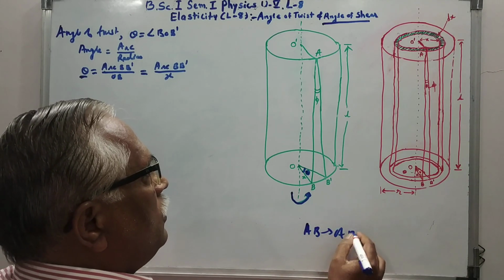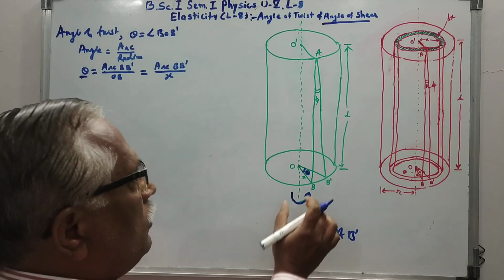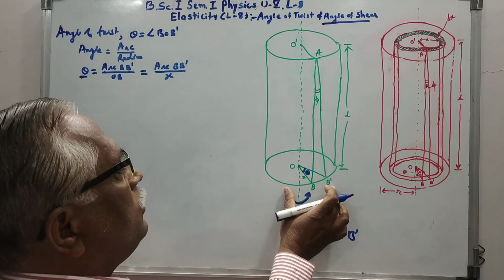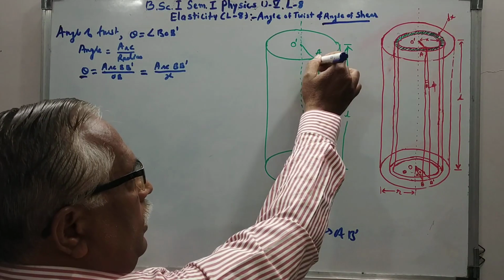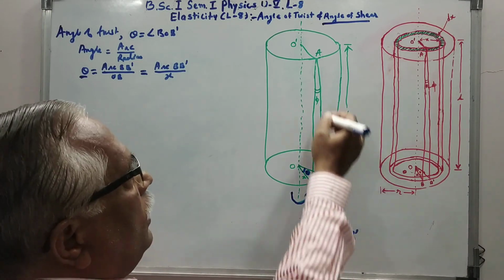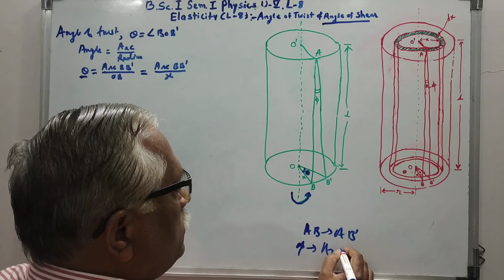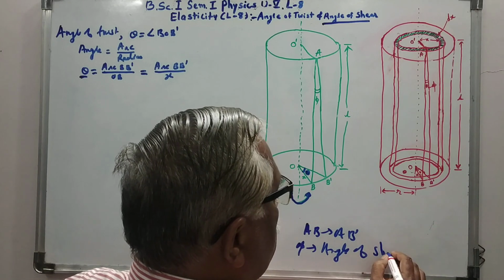Because of the twisting of the cross section through an angle theta, AB gets displaced through an angle phi, and this angle phi is called the angle of shear.